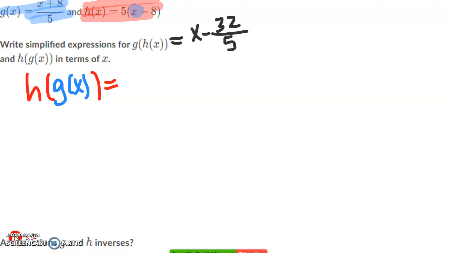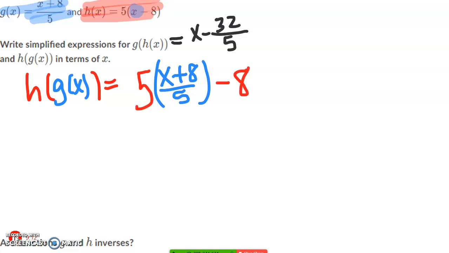So g of x is x plus 8 over 5, and we're going to put that right where our x is in h. So that is 5 times x minus 8. So we're just taking that x and we're sticking it in there into our function.